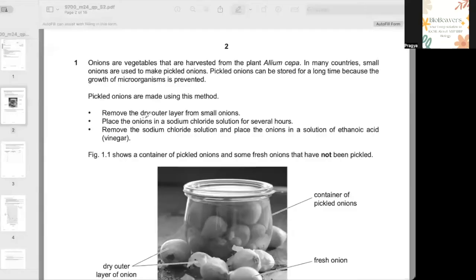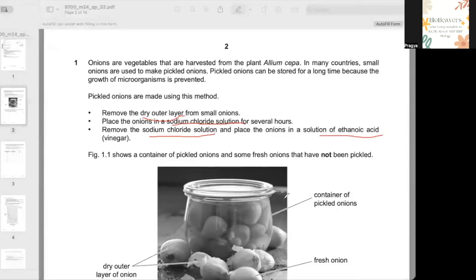So we have the process they're trying to talk about here. The dry outer layer is removed from the onions, and then a sodium chloride solution is added for a few hours. Then you remove the sodium chloride solution and put the onions in a solution of ethanoic acid.